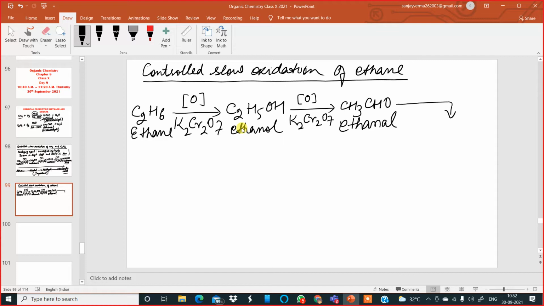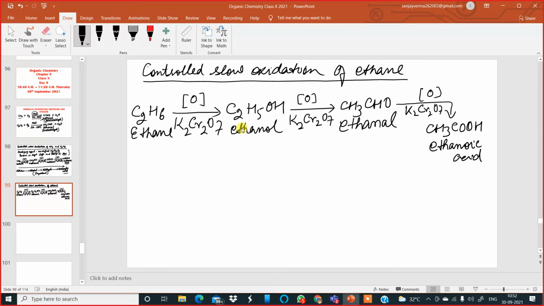Further, this ethanol gets oxidized to ethanoic acid, that is CH3COOH. This is ethanoic acid.